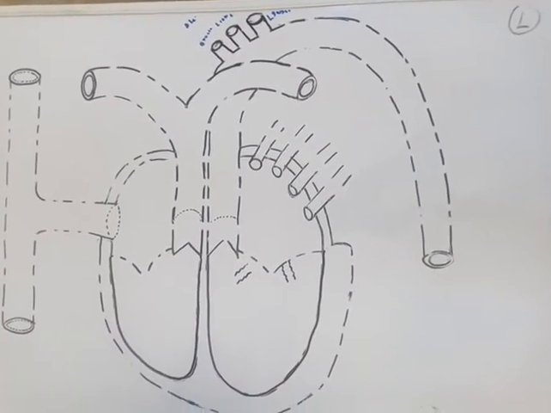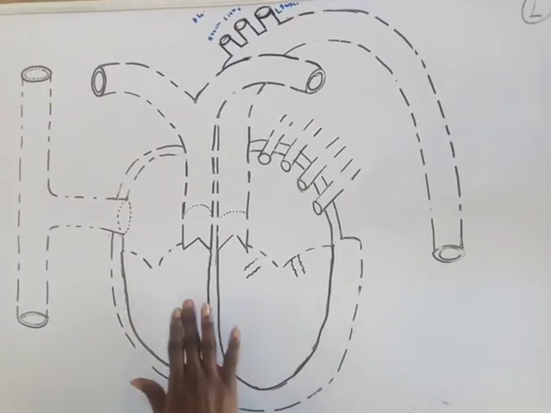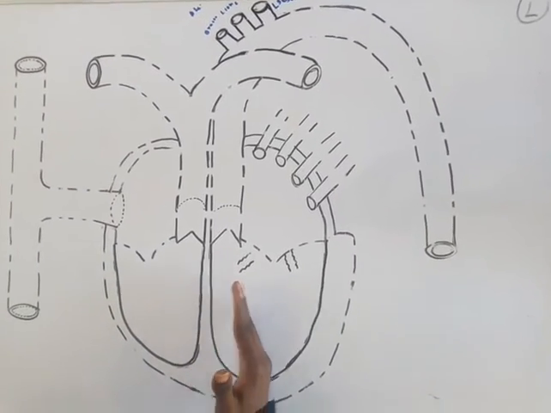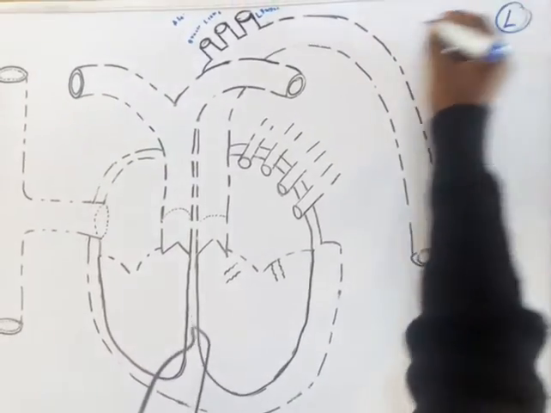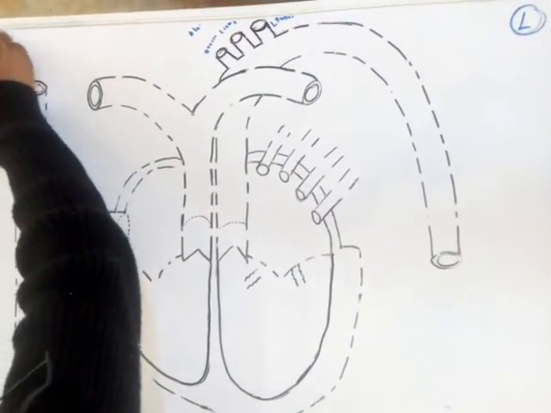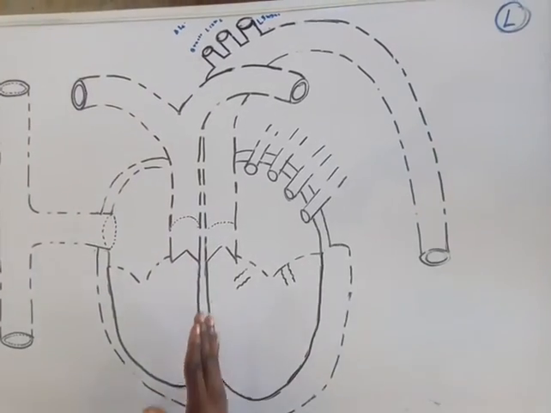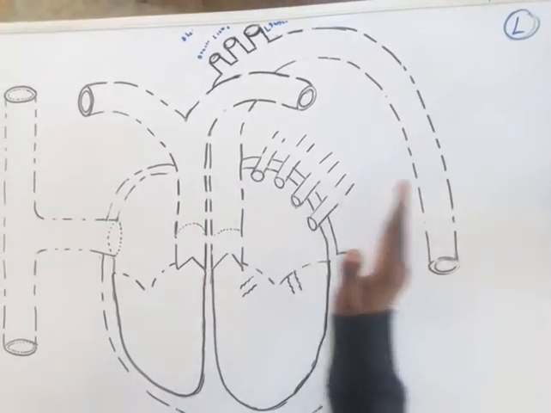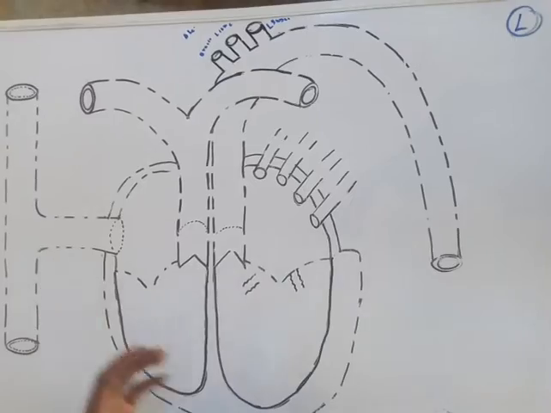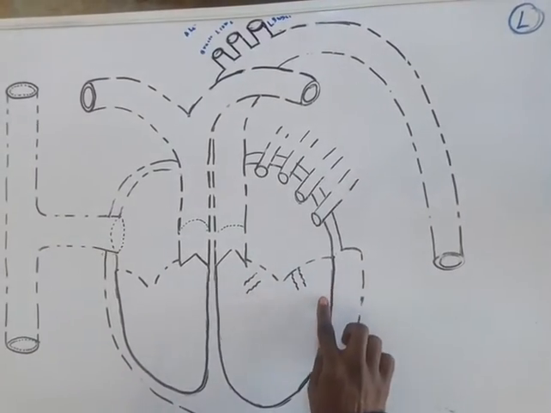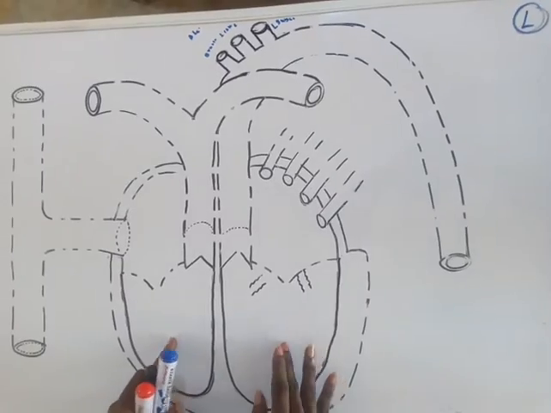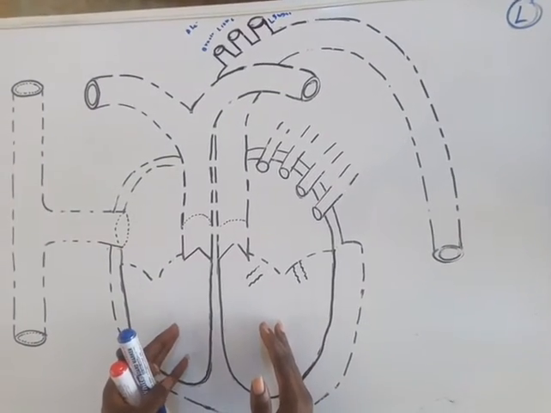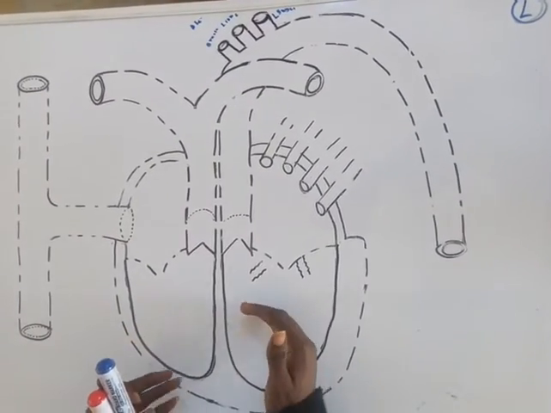So take it from me. This ventricle is on the left side, so I label it as left, and this one as right. Half of the heart is on the left and half on the right. There are four chambers: 1, 2, 3, 4. The lower ones are ventricles, but they are not just left and right.